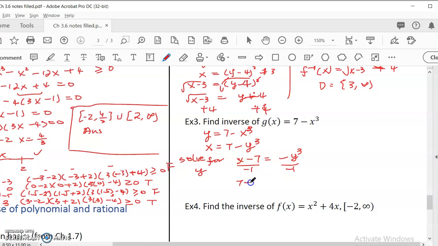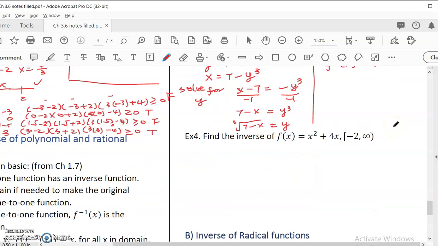We can write it as 7 minus x, or you can just keep writing x minus 7 divided by negative 1. Either is fine. So that equals y cubed. And how do you solve for y? Take the cube root. So that would equal the cube root of 7 minus x, and that is the inverse function. The inverse function of x is the cube root of 7 minus x.